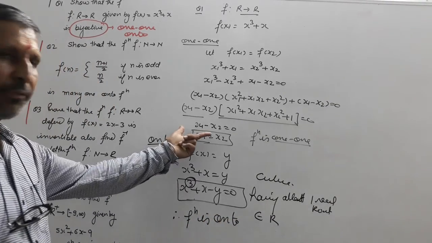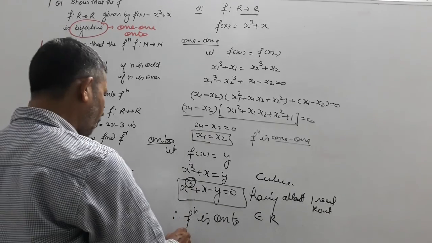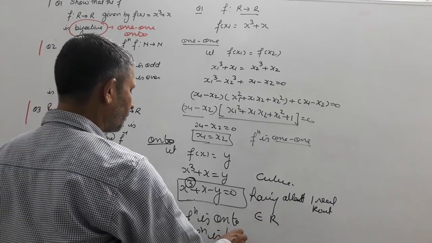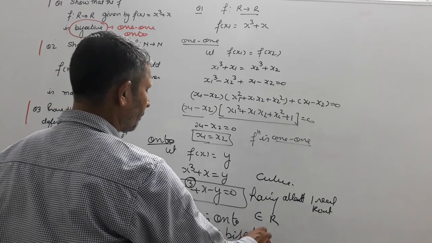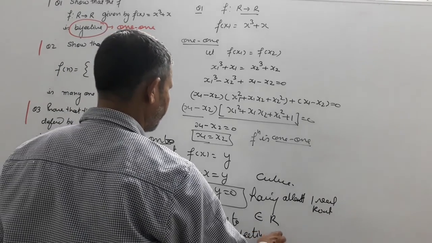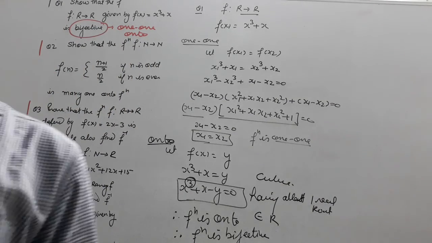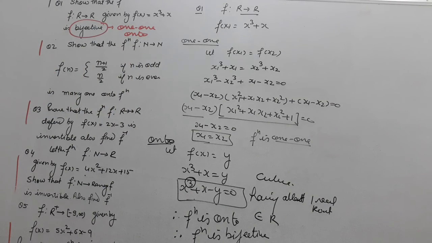The function is 1-1 as well as onto, therefore the function is bijective. If a function is 1-1 as well as onto, then the function is known as a bijective function.